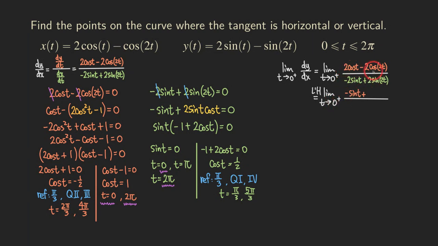Because all the terms have a coefficient of 2, so we can cancel them all before we take the derivative, which will make things simpler. And we are actually going to be getting 2 sine of 2t. And then in the denominator, we are going to get something similar, which is negative cosine t, plus 2 cosine of 2t.